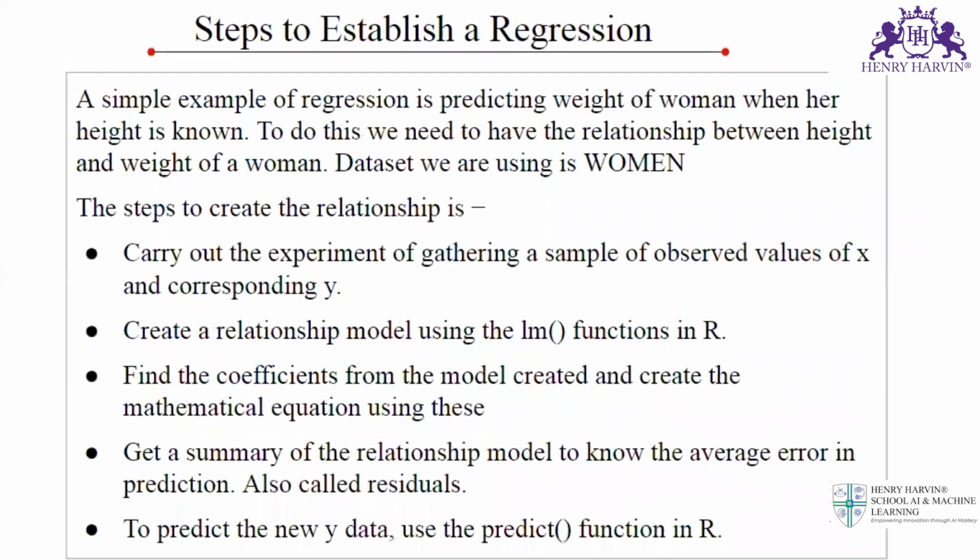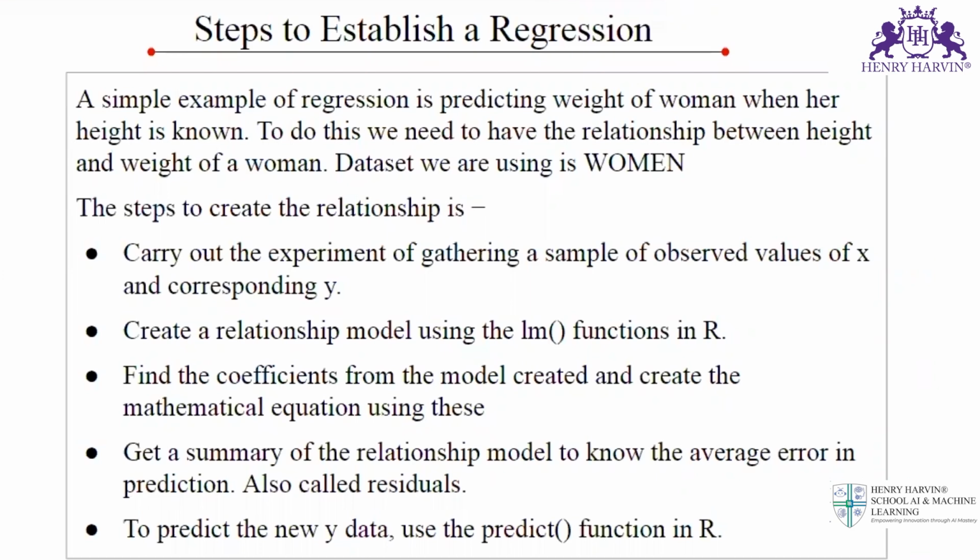For example, how can we establish a regression? It is very simple. Let's take a simple example of weight and height of a woman. Whenever we are creating a function or a model to establish a regression model, we need a dependent variable and an independent variable.